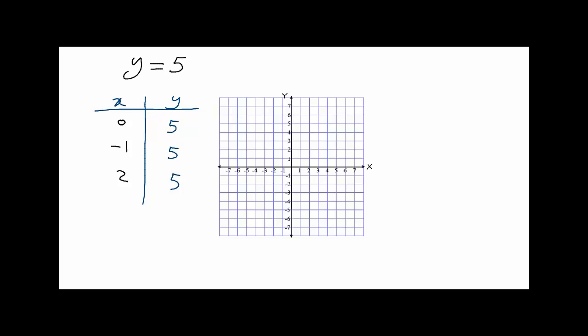So whatever you choose for x, y is always going to be 5. Negative 1 in x, 5 in y. 2 in x, 5 in y. This gives us a horizontal line. So for any horizontal line, you will find that y is always a constant number.